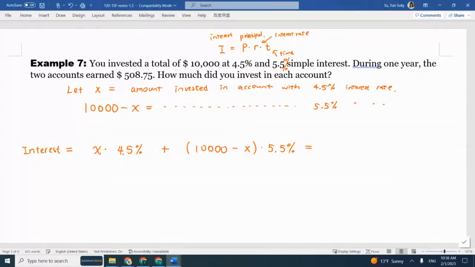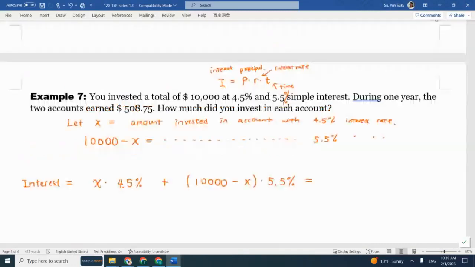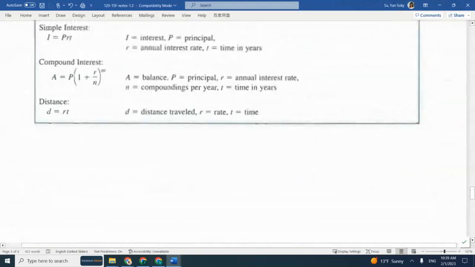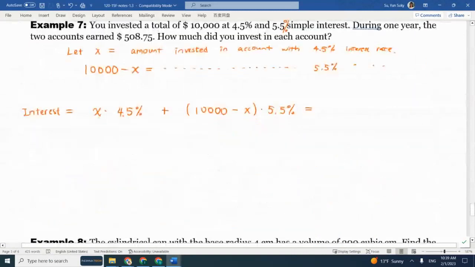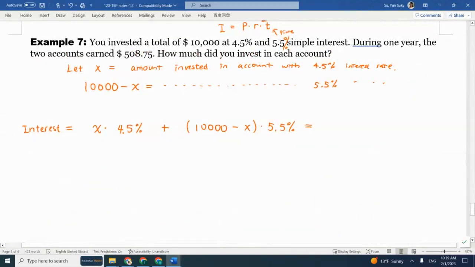Because the time is 1 year, we don't multiply anything to it. The formula is right here, the simple interest. Okay. And the interest of the two accounts is what? $508.75.